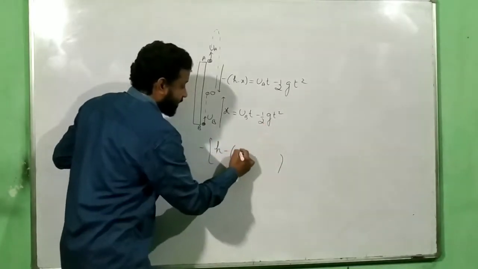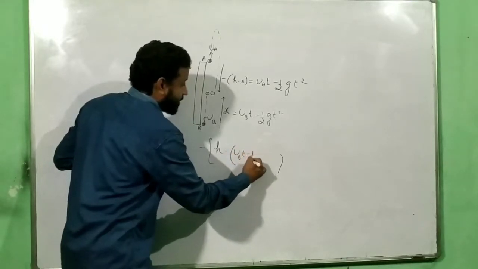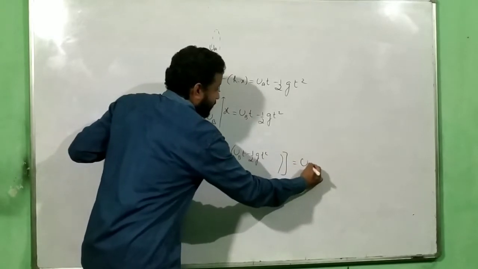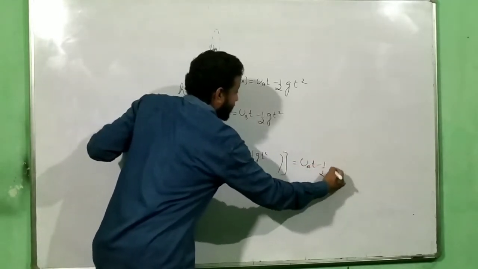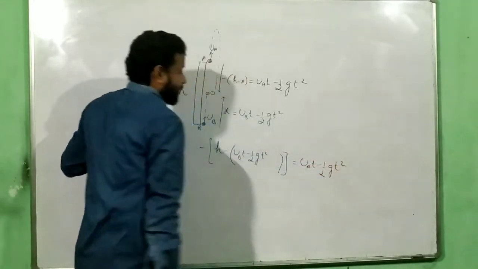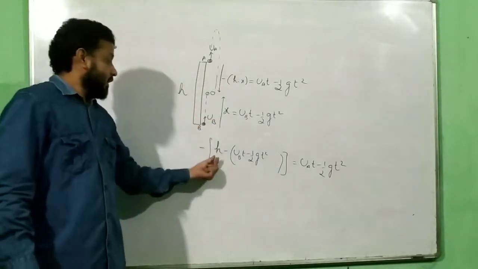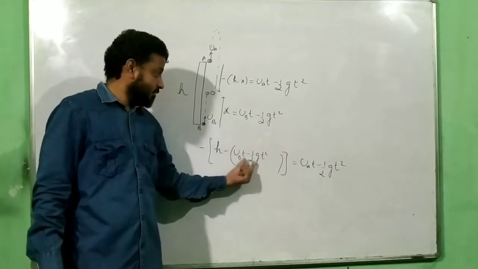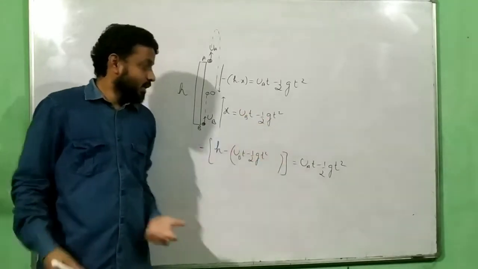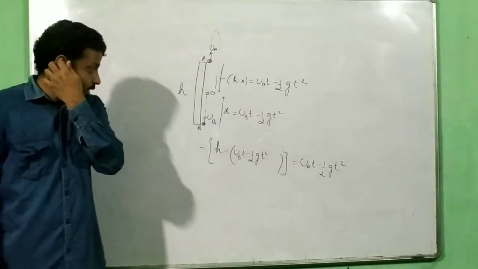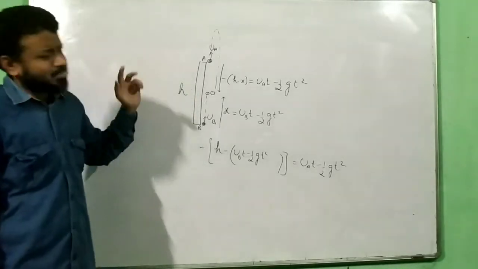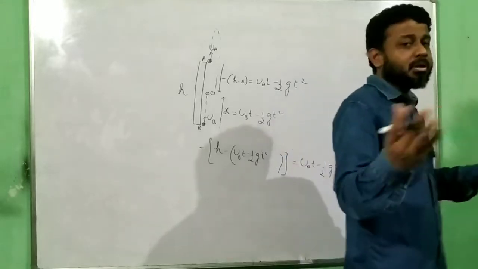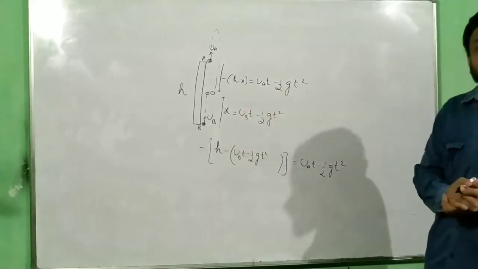X is ubt minus half gt square, bracket close, equals uat minus half gt square. So this is minus h minus x. This is your x from the second equation put into the first equation, and then you have to solve. Sometimes they will ask you height, sometimes they will give you height and ask you time, but the starting equation remains the same.